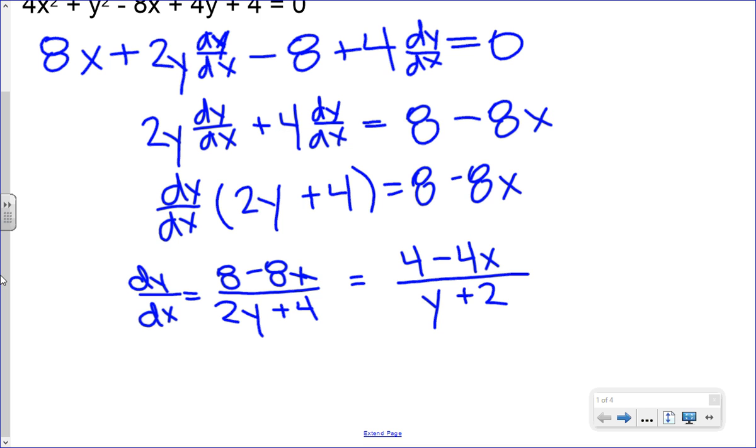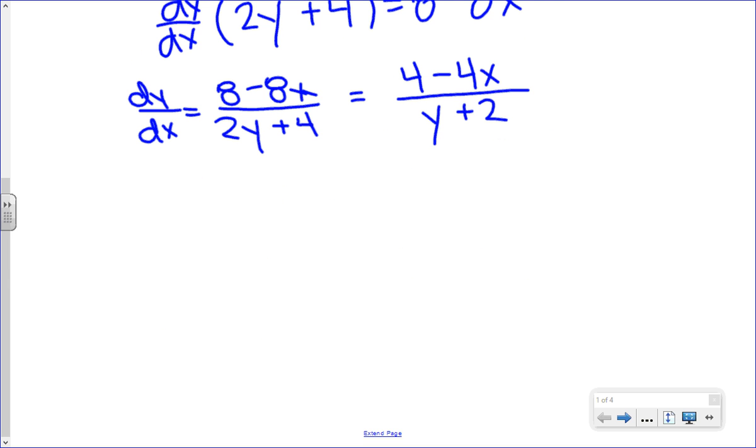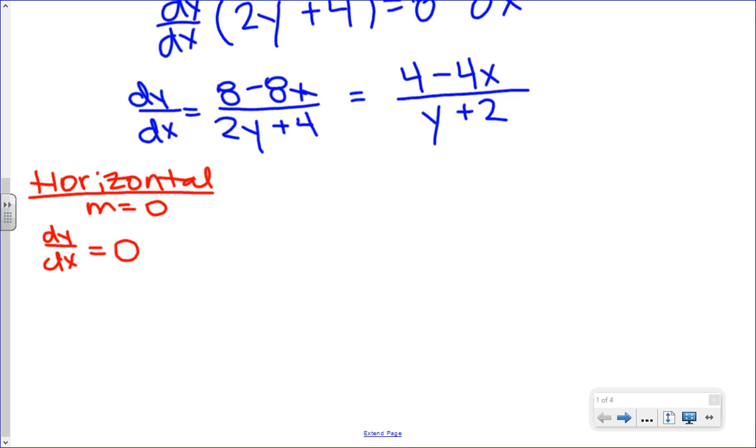What are we going to do with that? Well, first of all, let's focus on horizontal tangent lines. We've done that before. If we have a horizontal tangent line, that means our slope is 0. So what we're going to do is take our derivative and set it equal to 0. So 4 minus 4x over y plus 2 equals 0.